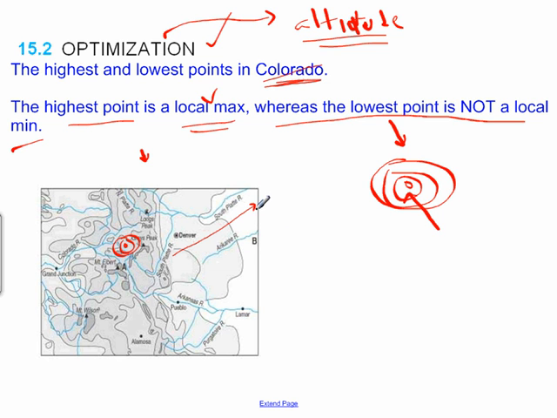For those of you not familiar with American Midwestern topography, this is a very mountainous area, and then it gets very flat. And so it just gets flatter and flatter, and as we head out we go toward our lowest point, which isn't a local min, it's a global min, which means that it happens on the border.